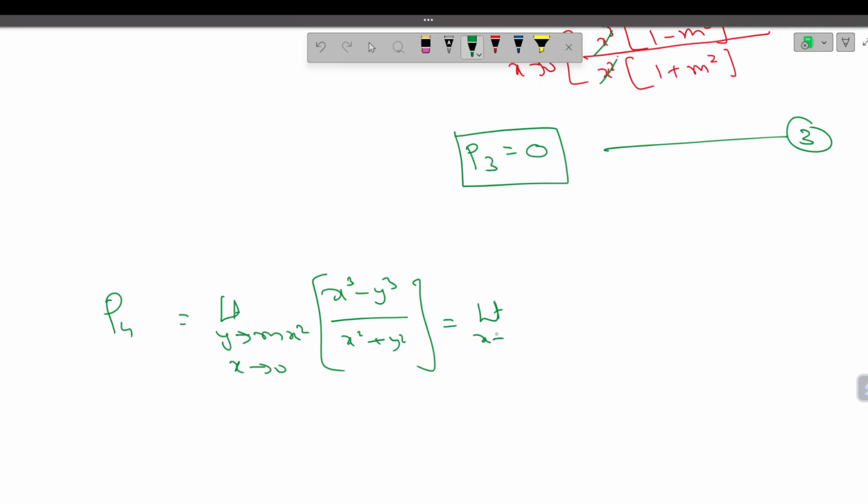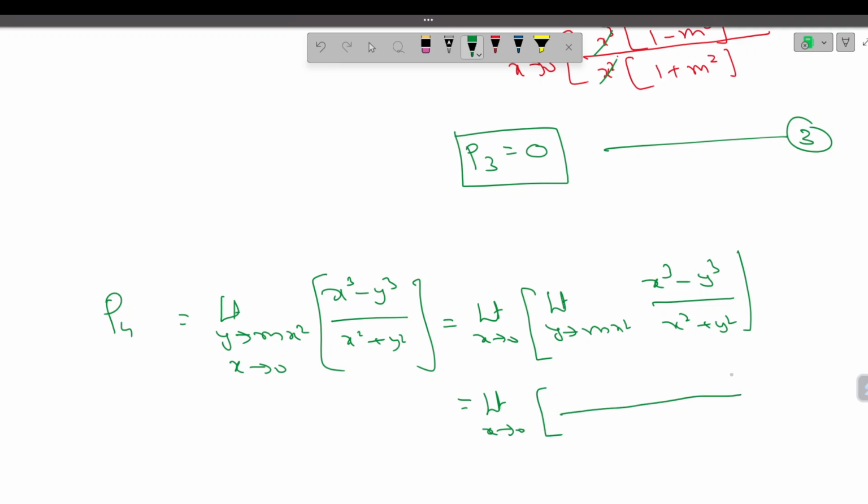For the curve, y equals mx square. So we have x cube minus (mx square) whole cube, by x square plus (mx square) whole square.